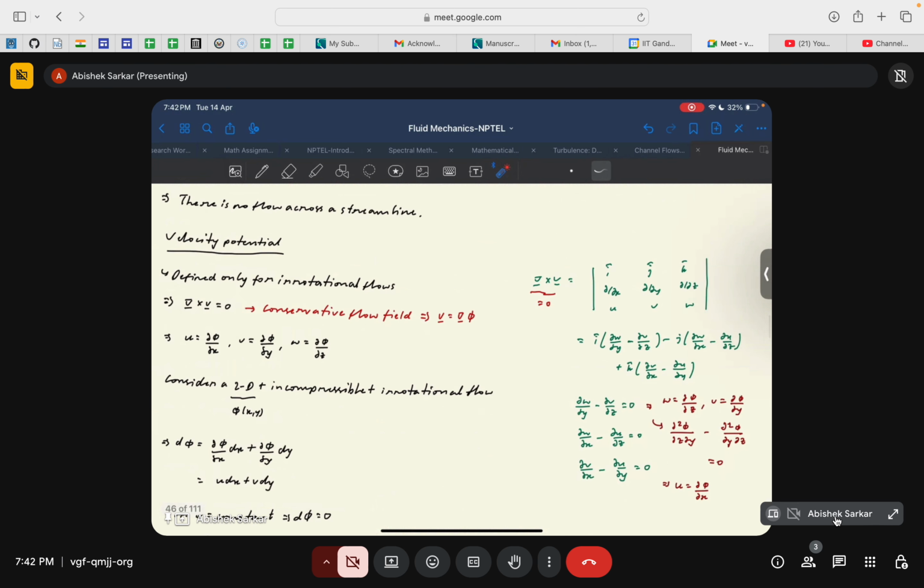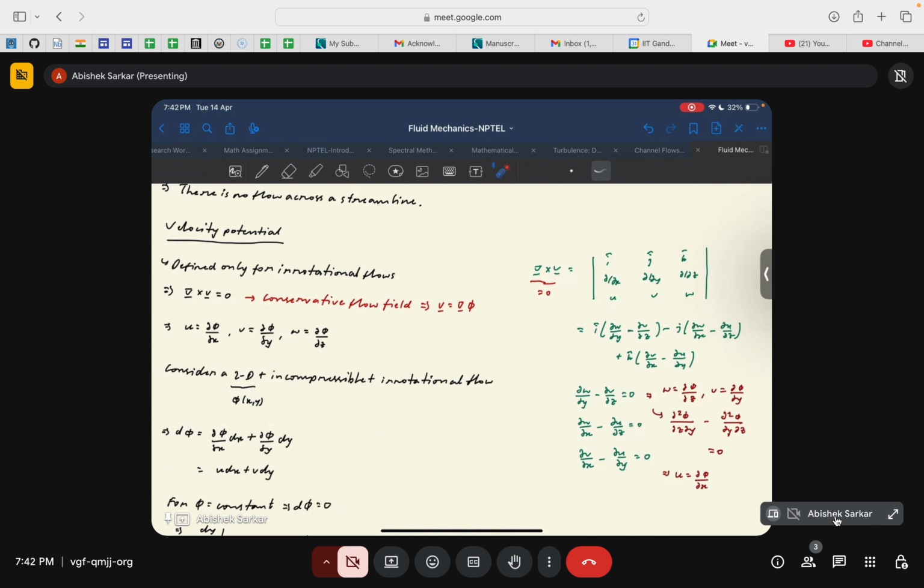And the velocity potential was again used to simplify the flow equation, and was defined for irrotational flows, and is valid for the 3D case as well. So the flow only has to be irrotational for the velocity potential to exist.